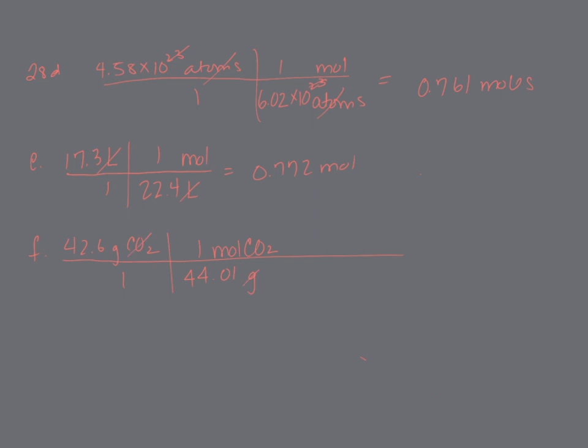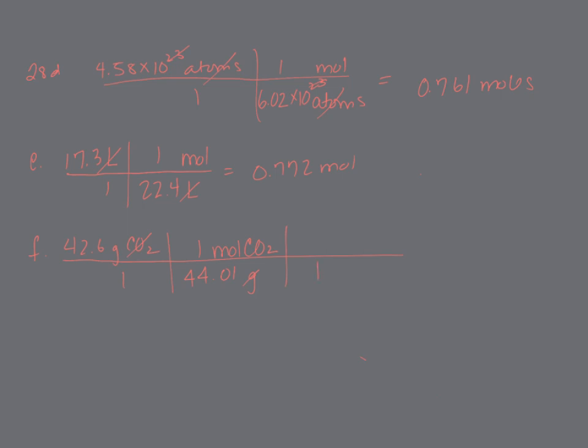Once I'm at moles of CO2, I can go from moles of CO2 to moles of carbon, moles of CO2 to moles of oxygen, because this right here, the 2 and the 1, tell me a ratio of how many atoms there are per molecule, how many moles of atoms there are per moles of molecules.